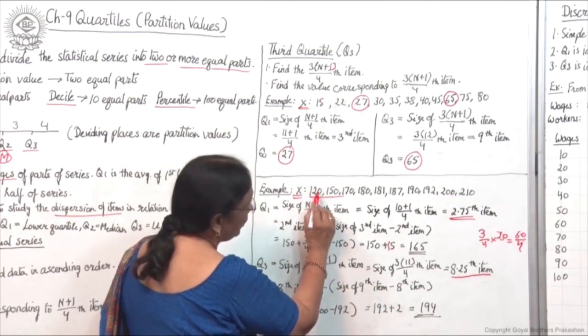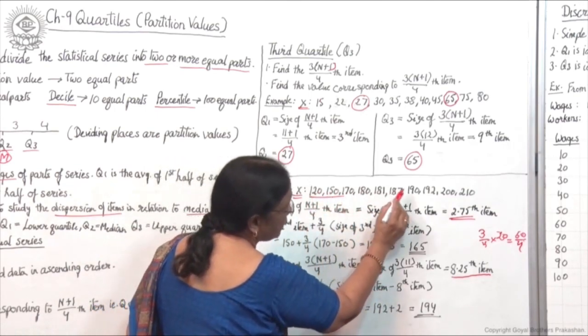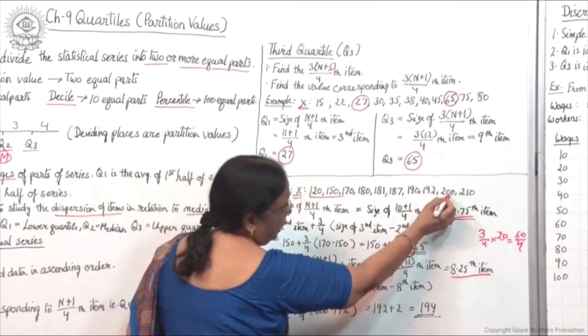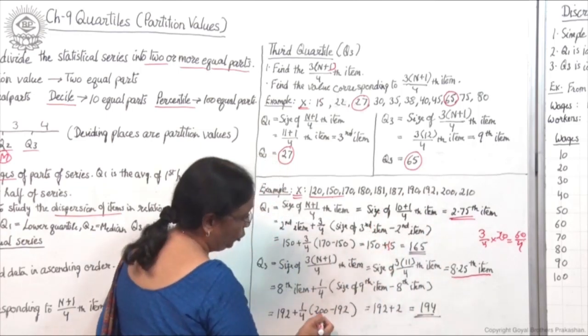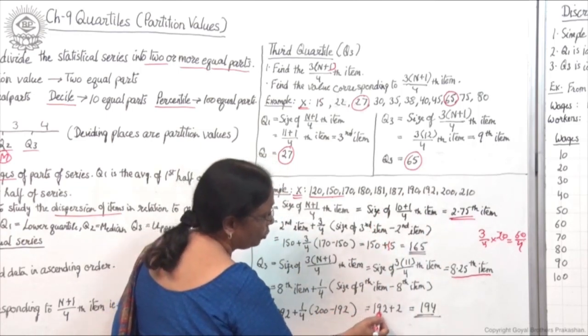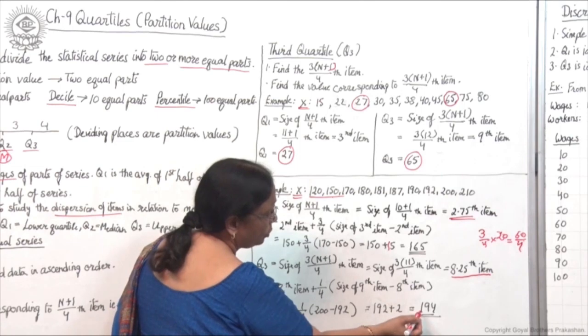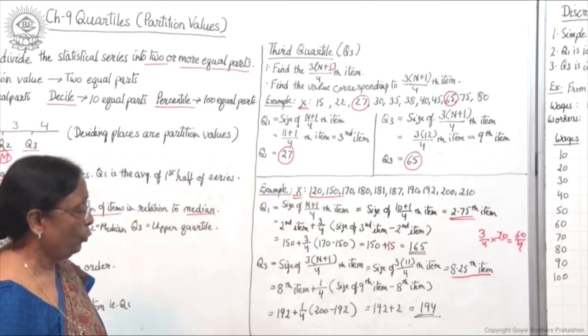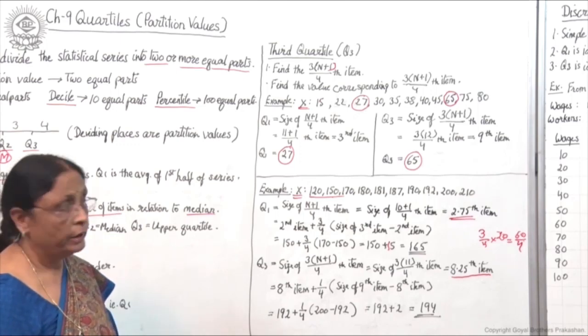Which is the 9th item? 1, 2, 3, 4, 5, 6, 7, 8, 9. This is 200. And the 8th item is 192. 200 minus 192 is 8, a quarter of that is 2, so 192 plus 2 is equal to 194. Clear?